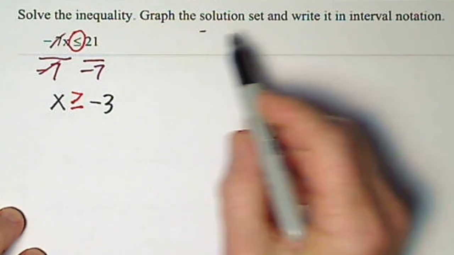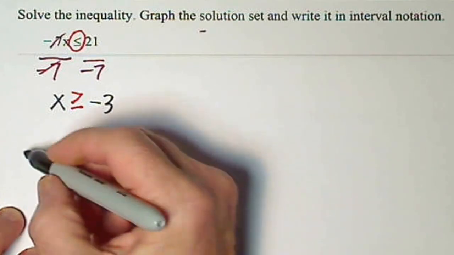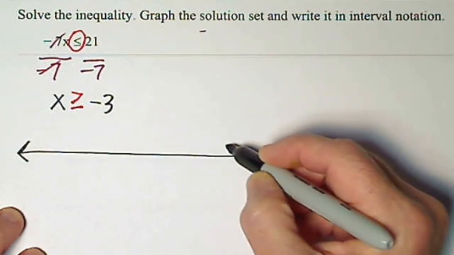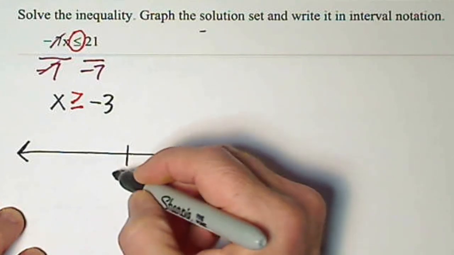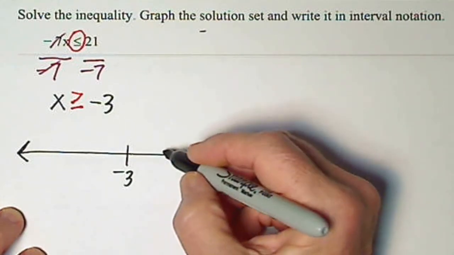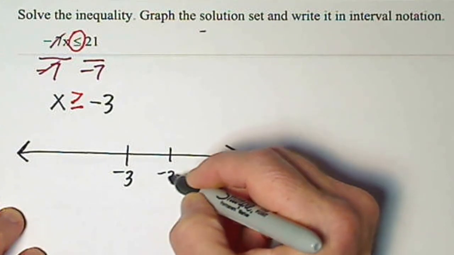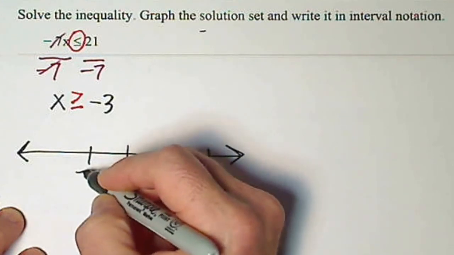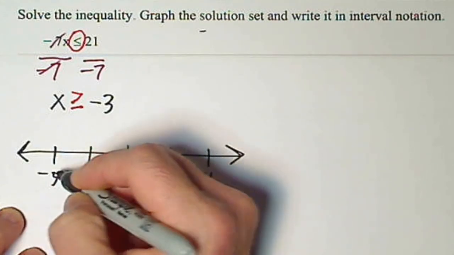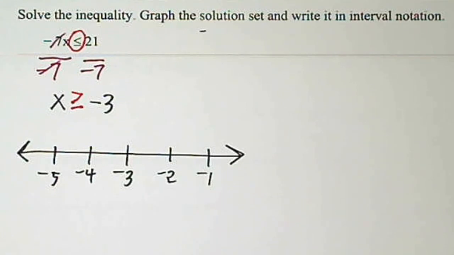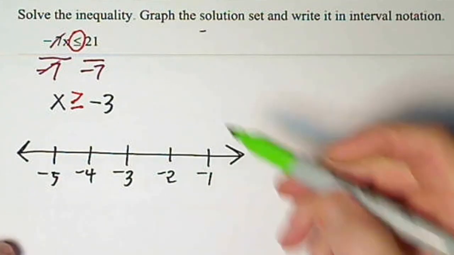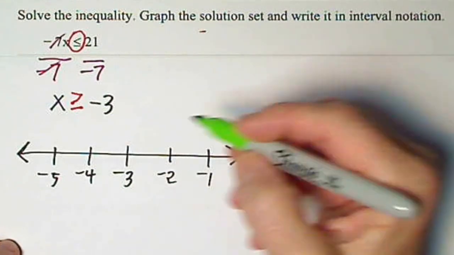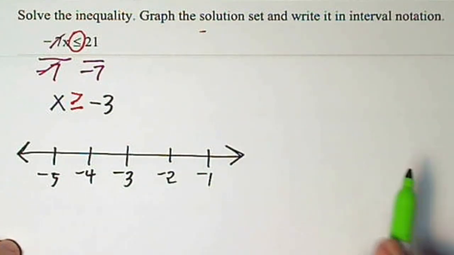Now we're to graph the solution set. And -3 sits in the middle. At least that makes it easy to make a quick graph. It doesn't have to be in the middle, by the way. We're still graphing it. So let's see, x is greater than or equal to -3, so it's going to be going off to the right.